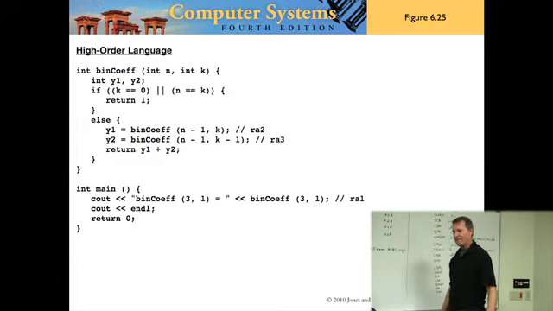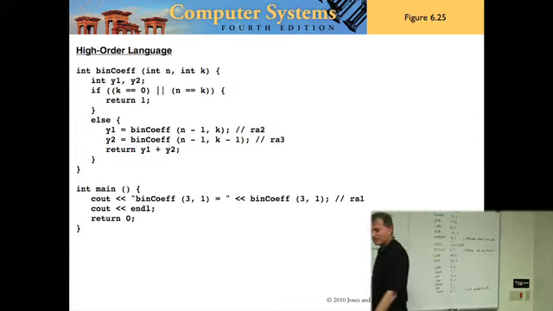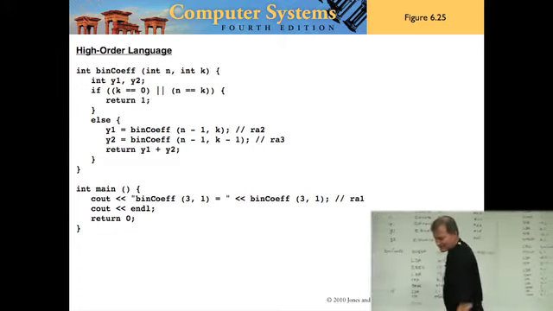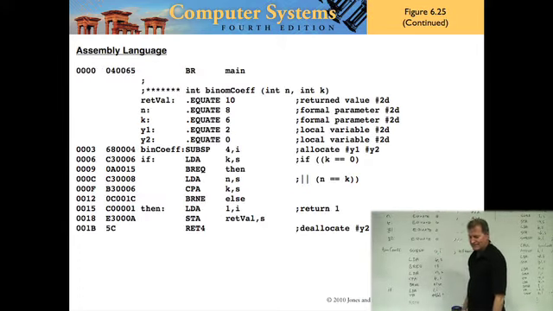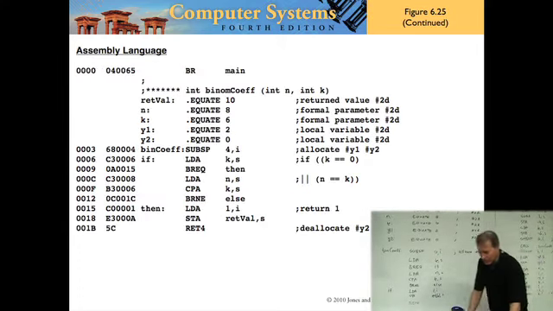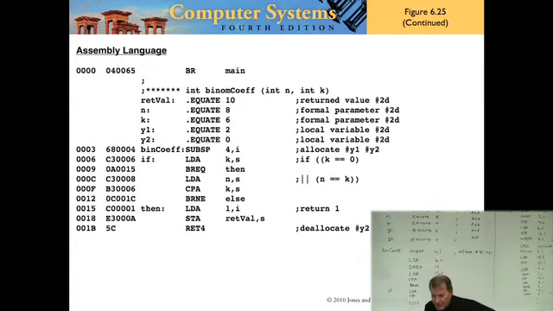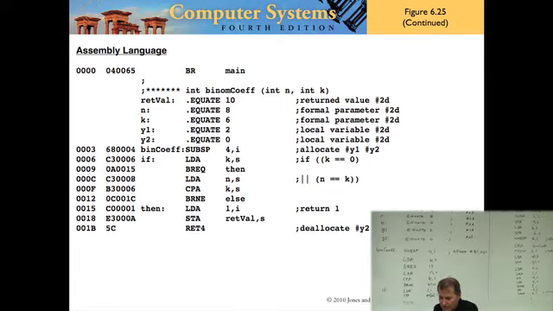Okay. Is that good? Does everybody see? Now, first of all, are all of our equates correct? Yes. 10, 8, 6, 2, 0 for ret val, k, y1, and y2. And then sub SP 4 for allocating y1 and y2. And then, are these all correct?